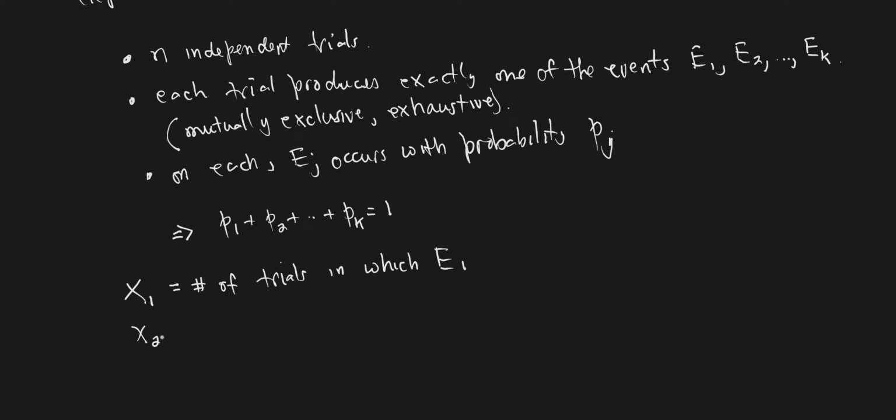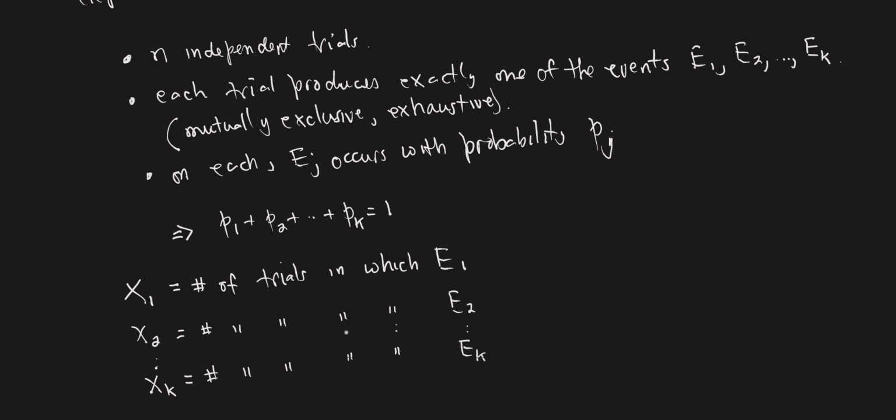And then we're going to let X2, as you might expect, be the number of trials in which E2 occurs. And in general, X sub k is going to represent the number of trials in which E sub k occurs.